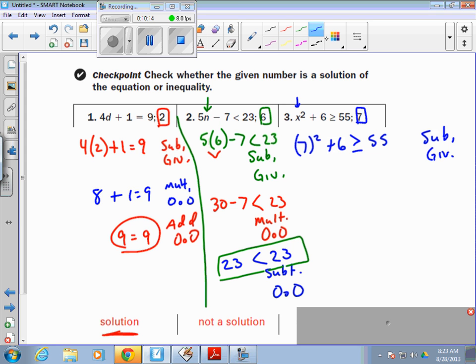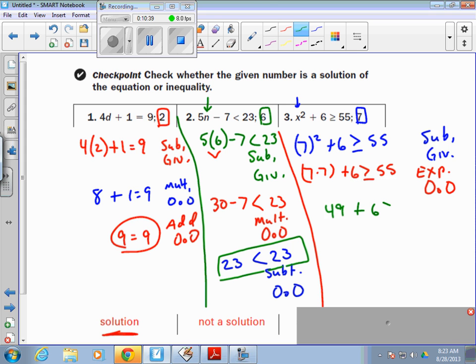Before you do any addition, you have to do exponents according to your order of operations. Therefore, 7 squared means 7 times 7. That's evaluating your exponents. And all we did right there was exponents, because order of operations says to do that first after parentheses. 7 times 7 gives you the number 49. So we have 49 plus 6 is greater than or equal to 55.